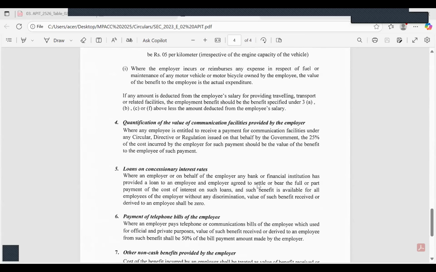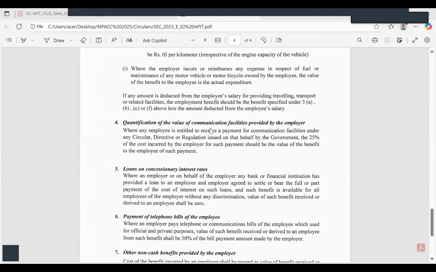Then we can move to the quantification of the value of communication facilities provided by the employer. So if that facility is provided to a government official, only 25% of the cost incurred by the employer should be the value of the benefit.